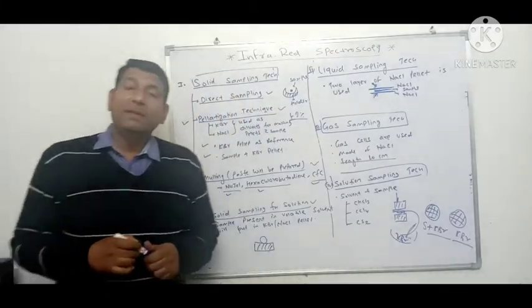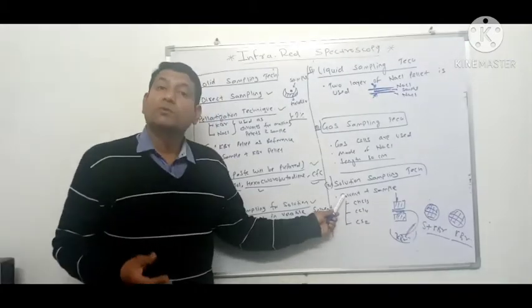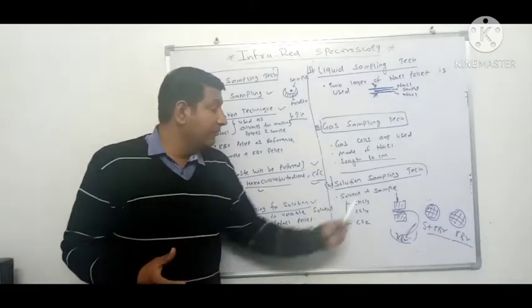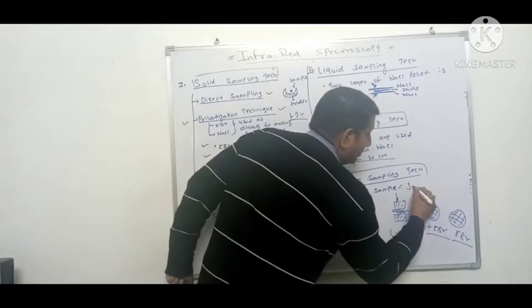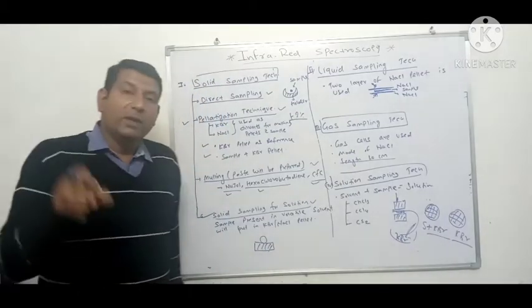In the solution sampling technique we have to make a solution of the sample, so we have to use some solvents in which the sample is dissolved. Solvent plus sample is equal to solution, and this solution is applied in the instrument to get the reading.